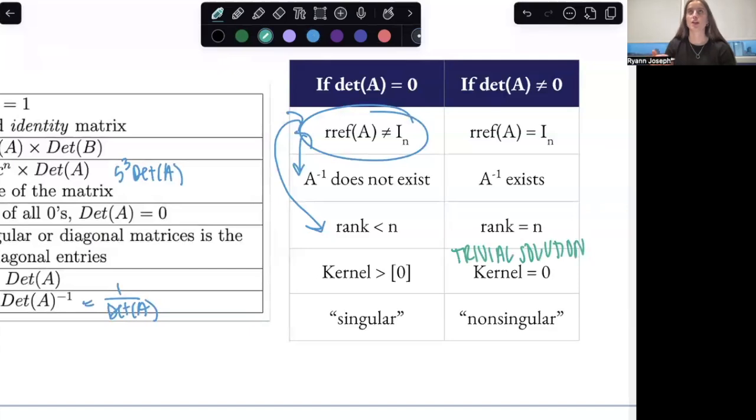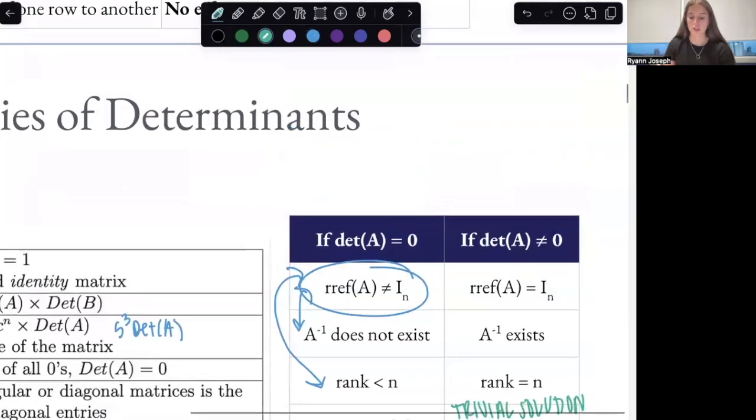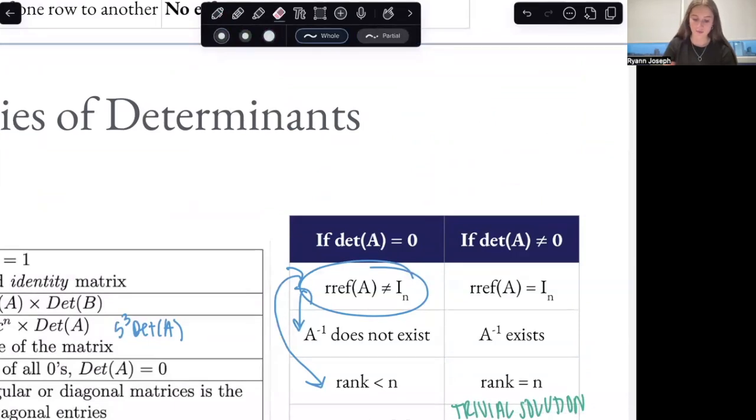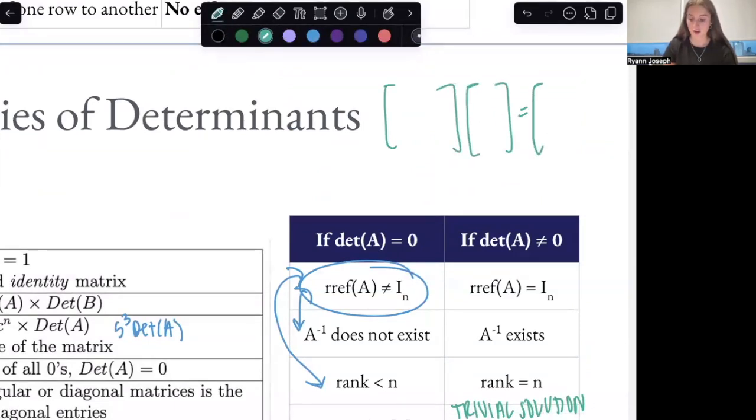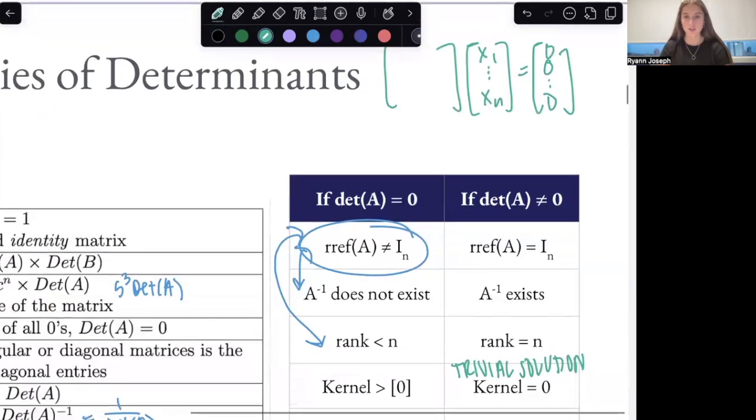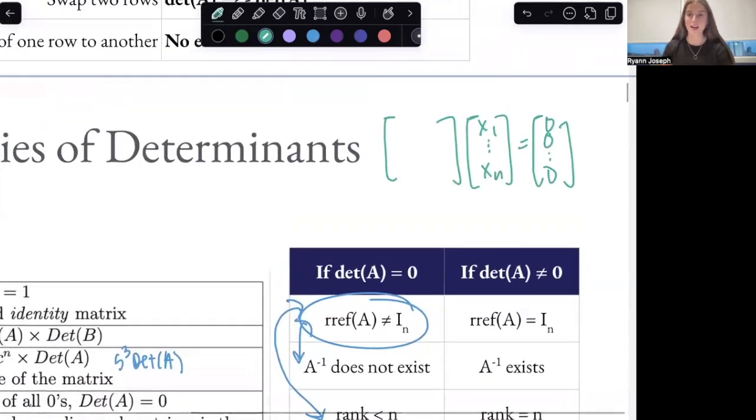So the homogeneous solution is for any system where you have A and you have x and you have the 0 vector, and we're trying to solve for this. The trivial solution tells us that we will always have a solution if we just set this entire thing to 0, which is true.